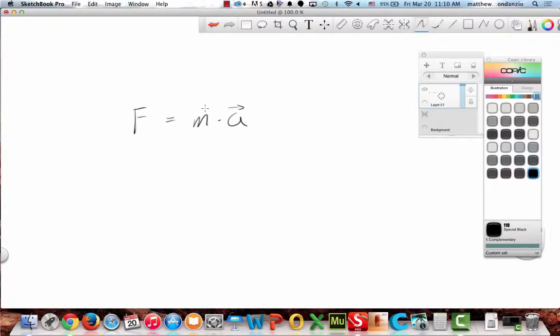What does the arrow above the a mean? It's a vector. Is my mass a vector? No. Does my mass have a magnitude? Yes, I have a certain amount of mass, right? But does it have a direction? No. So it's not a vector.